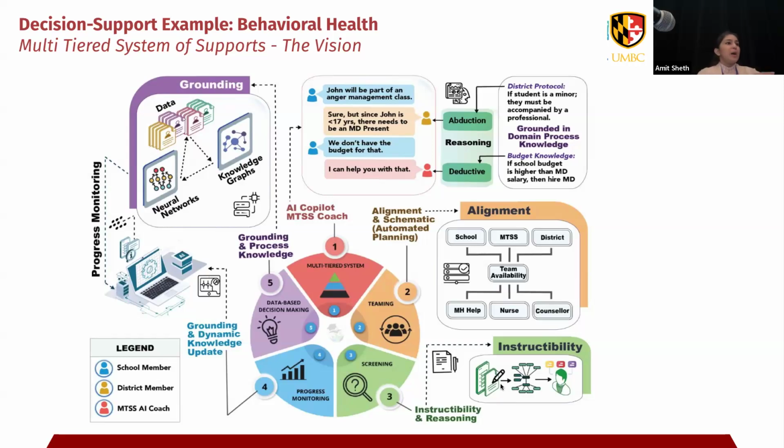Then we have screening, which requires instructability and reasoning for the model, right? So you have these automated screening tests and assessments, but how do you make sense of them? If you want a machine to be able to do that, you need the machine to be capable of doing some sort of reasoning, right? How do I make sense of all this data? Once you've done that, when you go to progress monitoring and data-based decision making, you want everything that is going on to be dynamically updated.